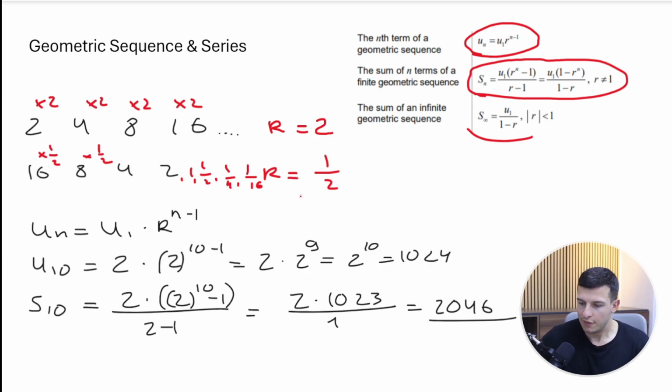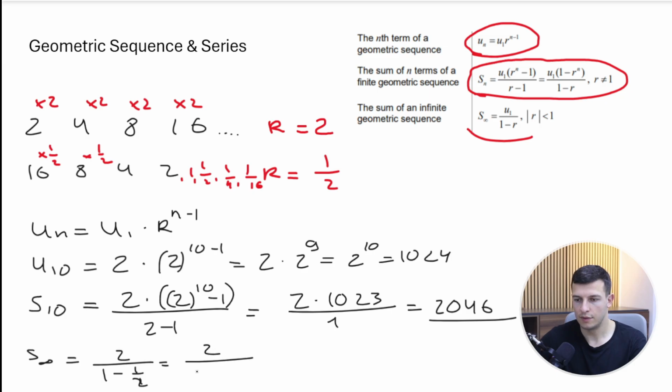Anywho, so we have a formula. Let's go back to that. S infinity equals u1 over 1 minus r. So let's try the S infinity for the second sequence here, 16, 8, 4, 2, the one that's decreasing. So S infinity is going to be equal to u1, which is 2, over 1 minus 1 over 2.